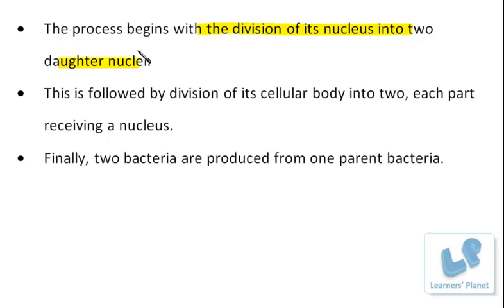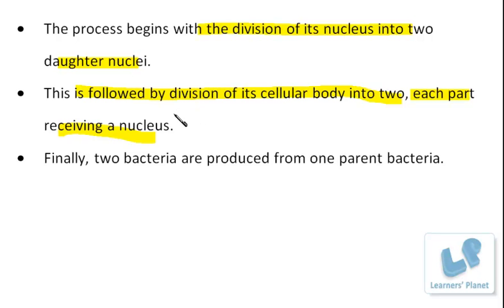Once this nuclear division is over, it is followed by the division of its cellular body into two parts, right? And as it divides into two parts, each part will receive a nucleus. Now just imagine if there are multiple nuclei, then how is it going to take place? In that case, the cell is there.